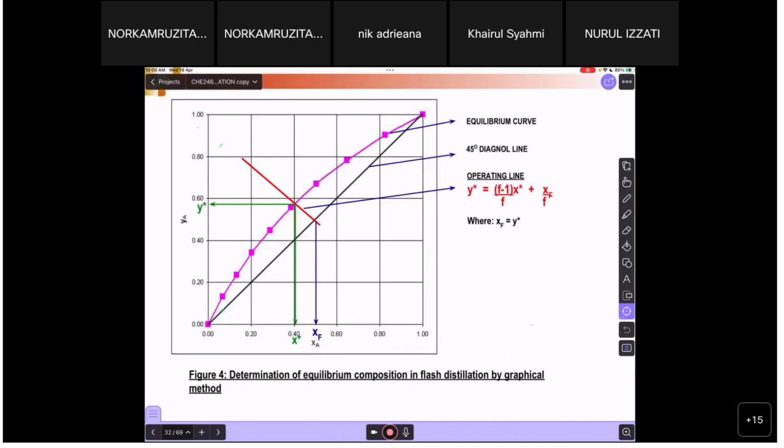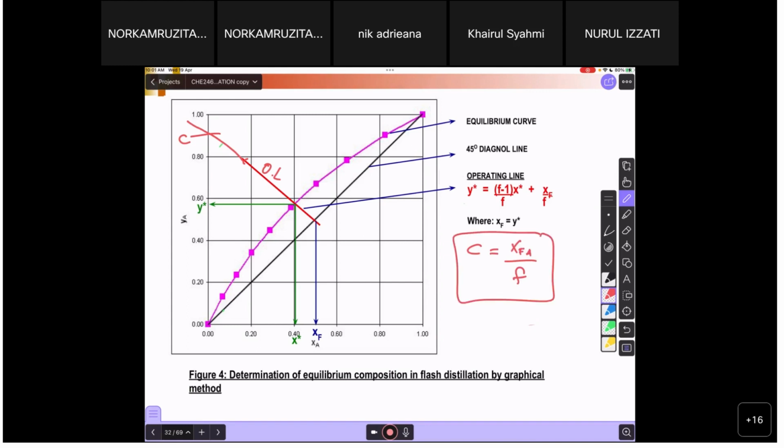The red line here is called the operating line, OL. And the intercept here is the y-intercept, which is your C. Your C is actually equal to XFA over F. In the equation, that y-intercept is this one.